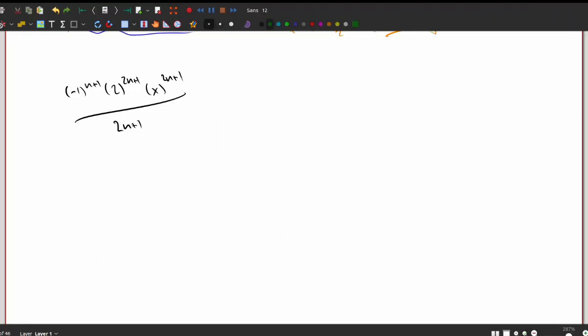So instead of x, we're going to plug in 1/2 and see if this sequence converges or not. We're going to use the ratio test once again.